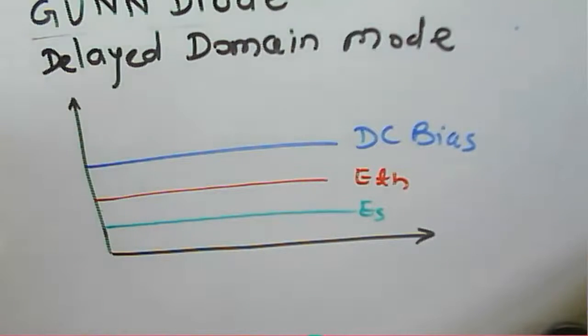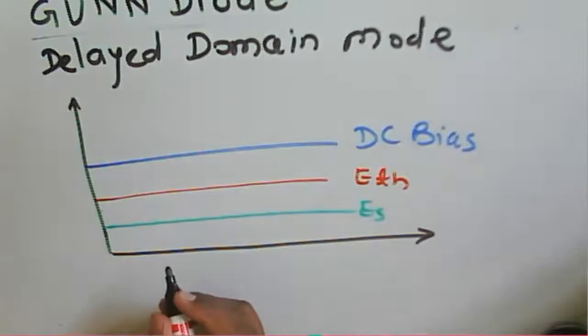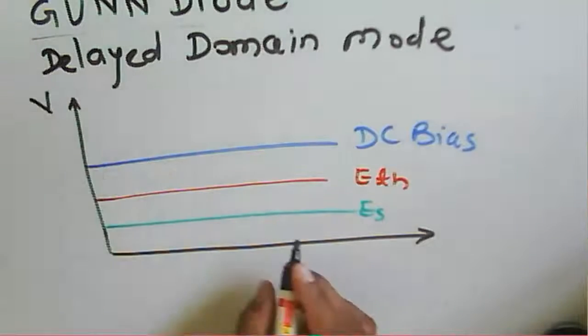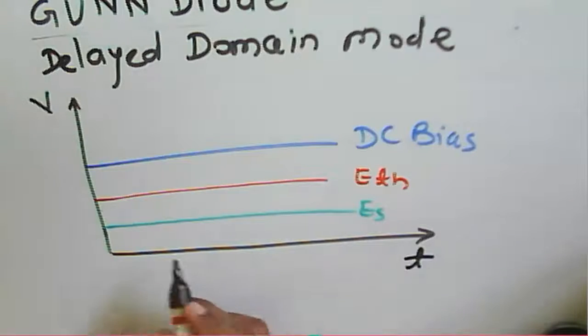Then we're supposed to draw this. This one is the voltage here, and this one is the time period T here.